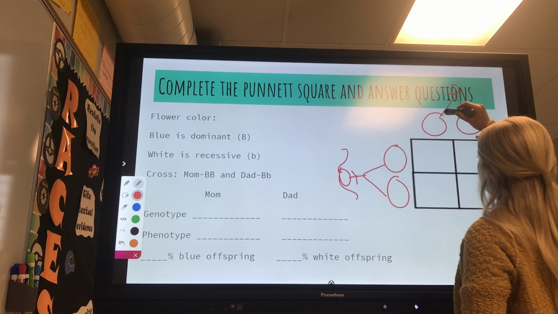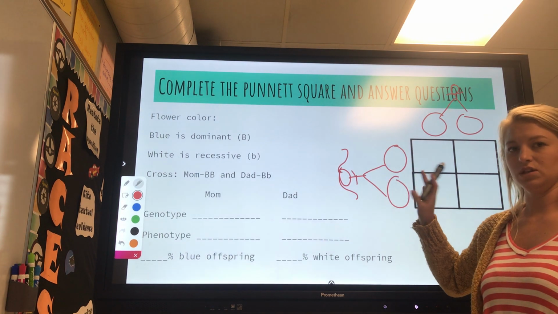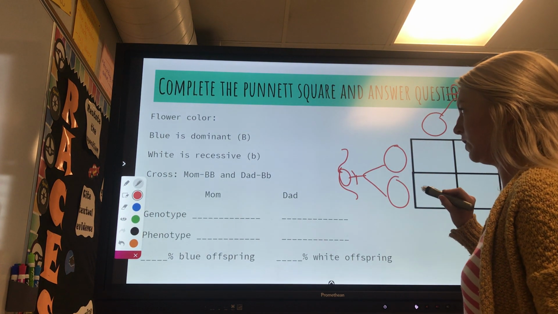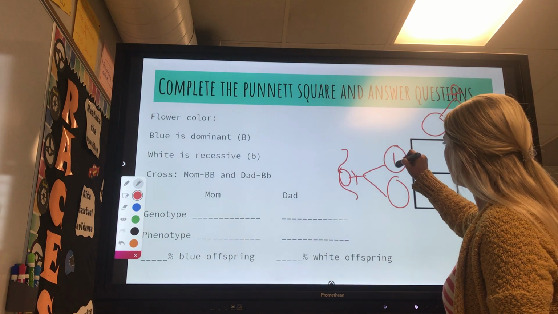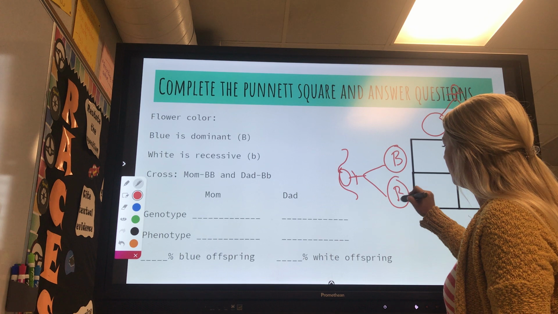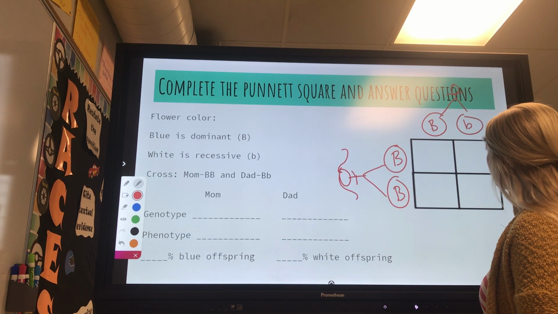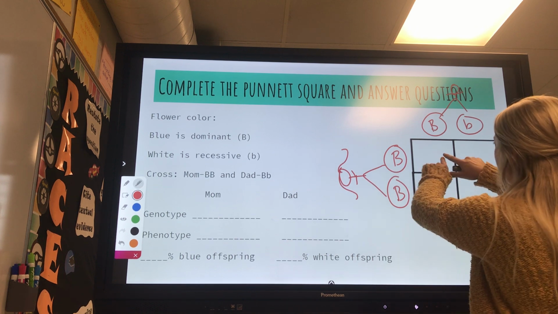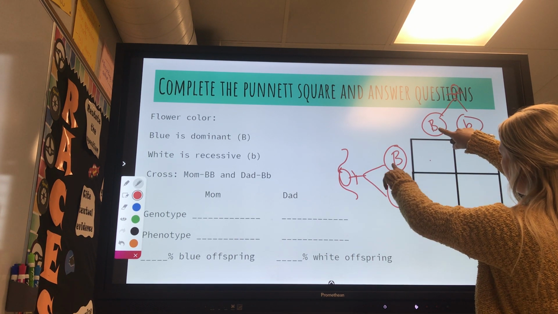Once you get to where you know where the genotypes are going to go and you can fill out this square, you do not have to draw the mom and dad, but it's just easier if you learn to do it like that, okay? So mom has big B, dad, big B, little b. Okay, so I'm going to go ahead and fill this in. Put my fingers in here and go all the way up, all the way over.